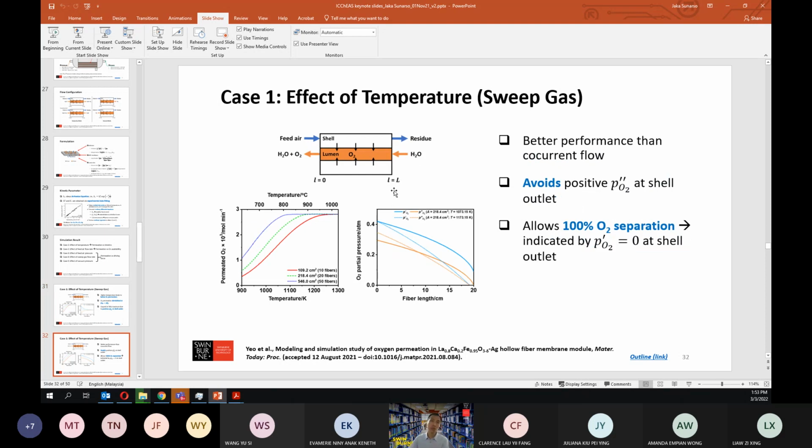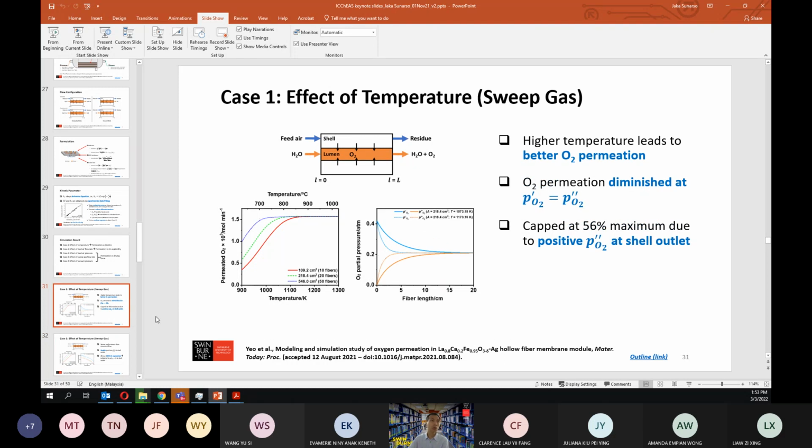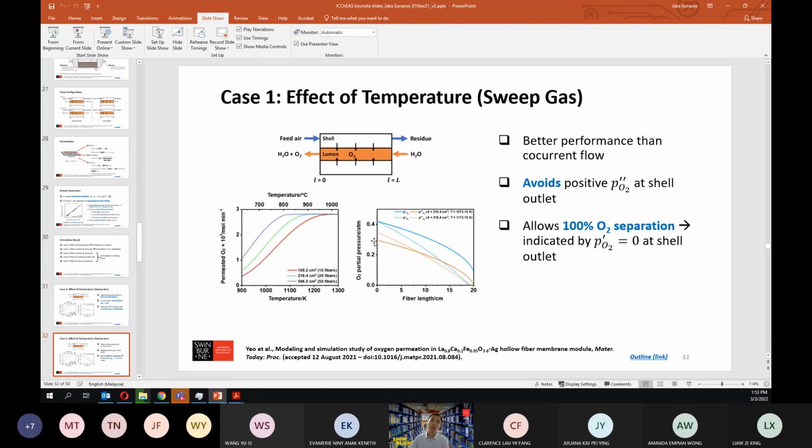This one is just the same thing, but for the different configurations. The details will be different because, as you can see, if you use this counter current configuration, then the oxygen partial pressure is lowered. Instead of going up to only 0.21 in here, the oxygen partial pressure can go down to 0 in here.